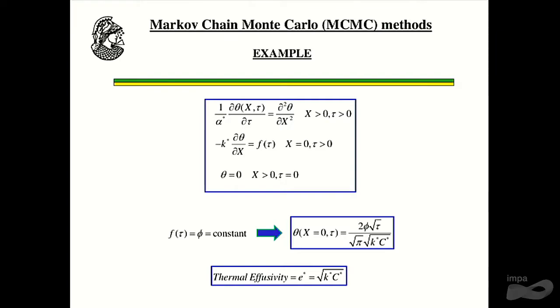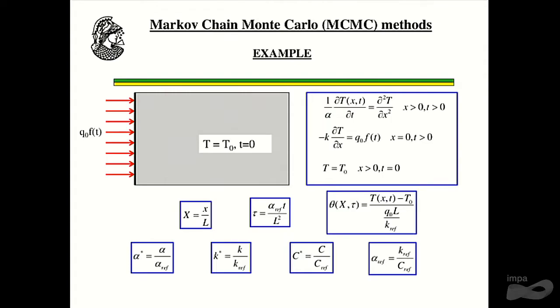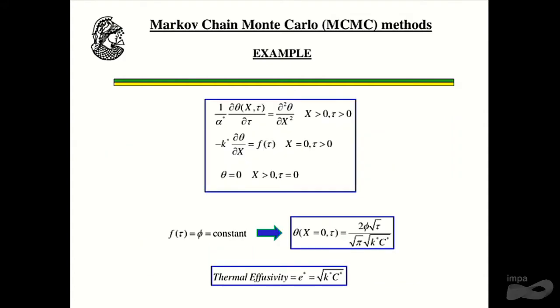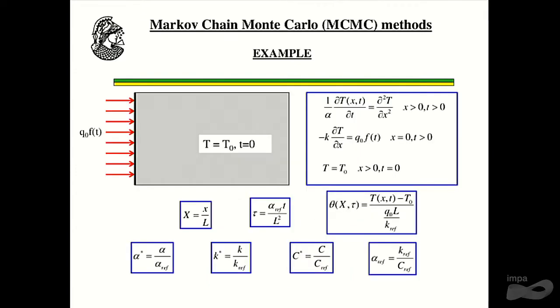The idea here is, let's take measurements at the surface, and I want to estimate any of these two parameters. I know that I cannot estimate both parameters because they are perfectly correlated. In practical terms, this is what is called a hot disk.